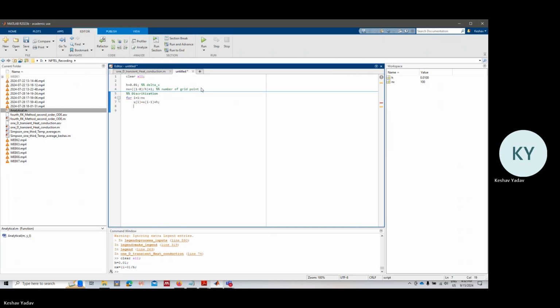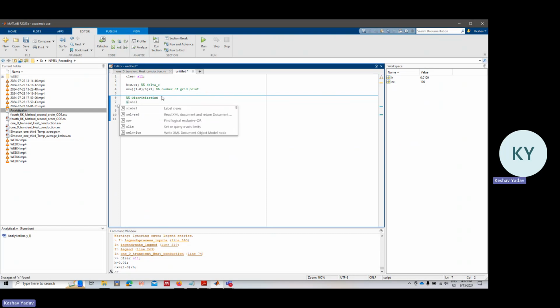Okay. Now I need to define x first. So x is initially zeros of nx comma 1. Okay.